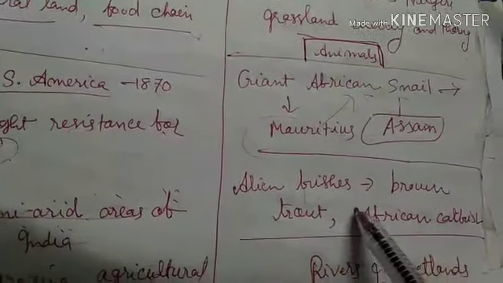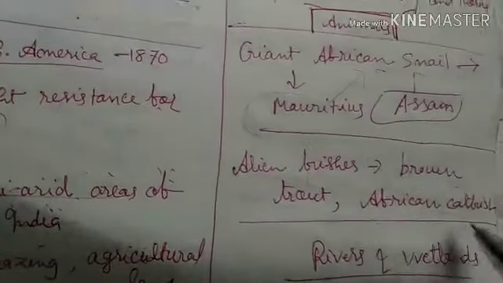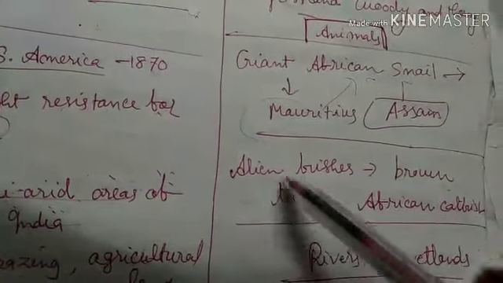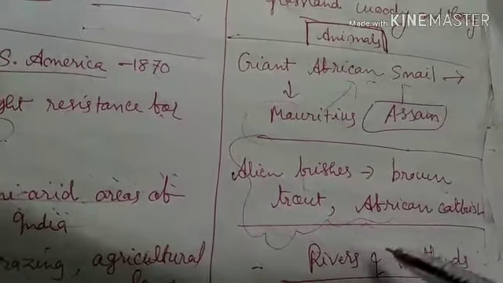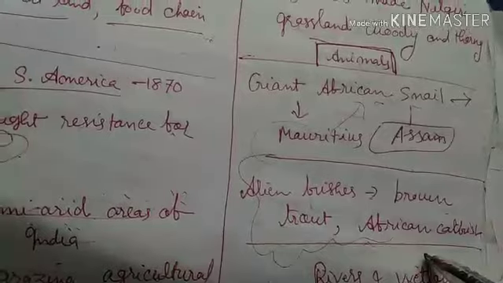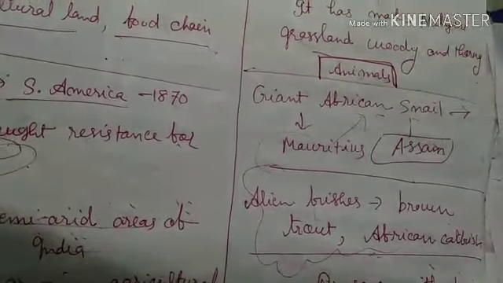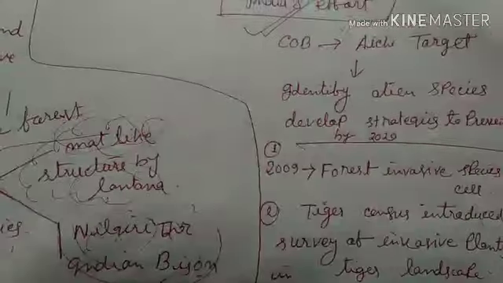Some alien fishes are brown trout, African catfishes, etc. These fishes have so uncontrollably occupied the rivers and wetlands of India that it will now be a Herculean task to control their growth.